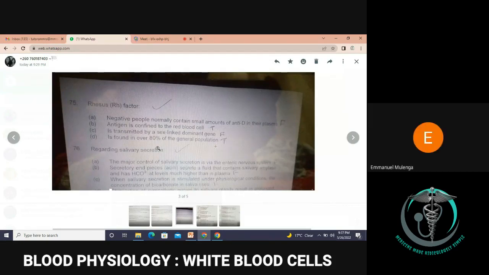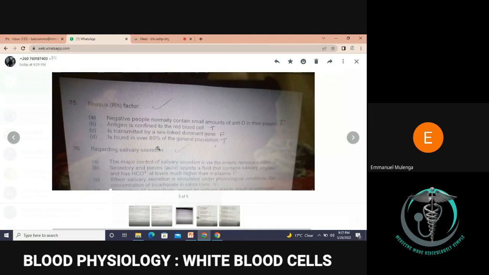For A, I go with false. So what you do is you read option A and then you tell us why you think it's false. Okay, the negative people normally contain small amount of anti-D in the plasma.